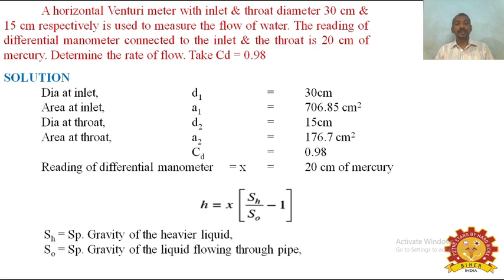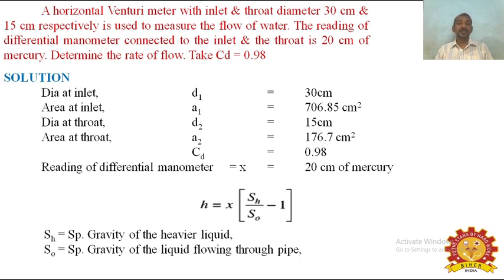Specific gravity is equal to the density of the liquid divided by the density of the standard liquid. So the density of mercury is 13,600, divided by 1000, the standard liquid being water. So 13,600 divided by 1000 gives 13.6.